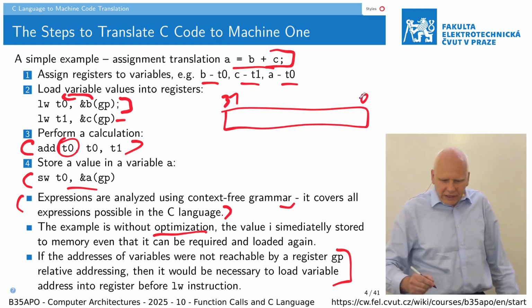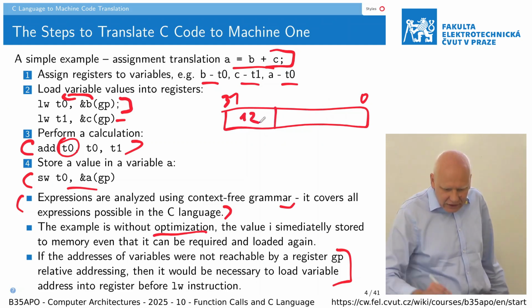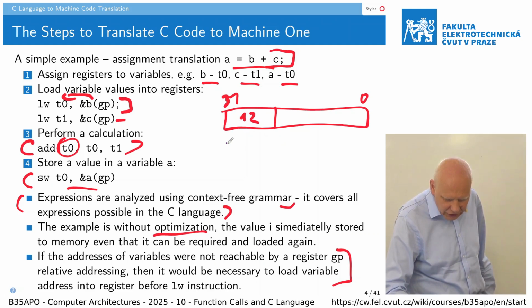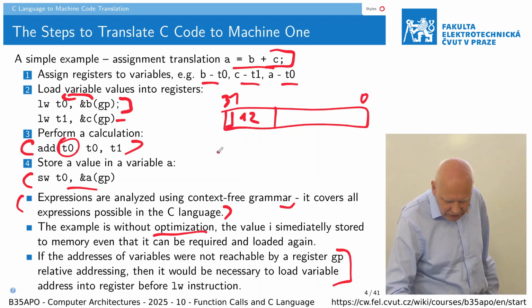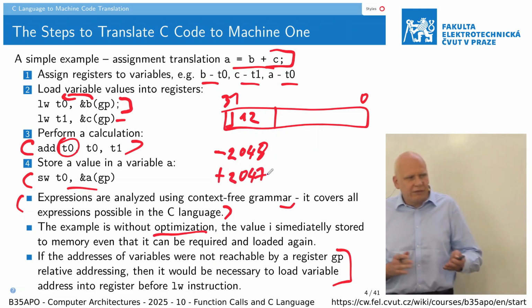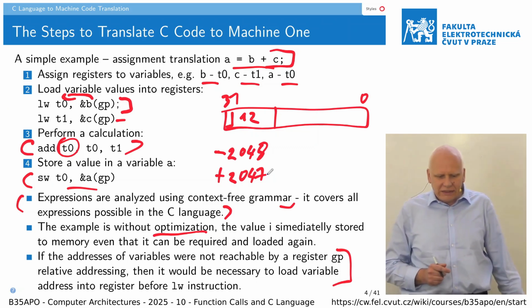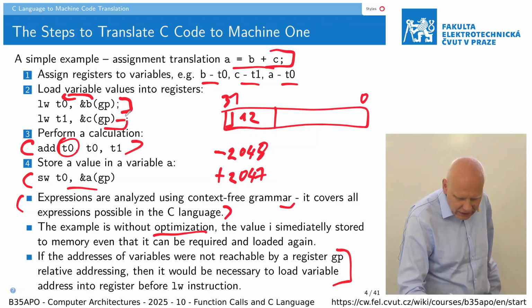So basically we can use only that small offset which has 12 bits, and in fact it is in the range, because it is sign extended, from minus 2048 up to plus 2047. So it is a relatively small area of memory which can be accessed directly by a single instruction.